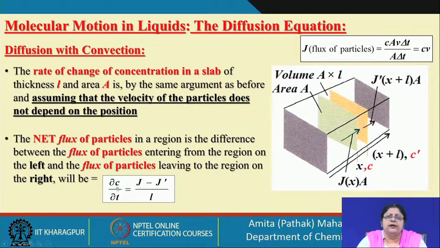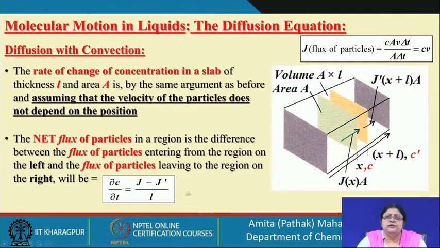So, the net flux of particles in this region is the difference between the flux of particles, the amount of particles entering the region from the left hand side, and the flux of particles leaving the region of interest, which is A into L, going out to the right hand side.